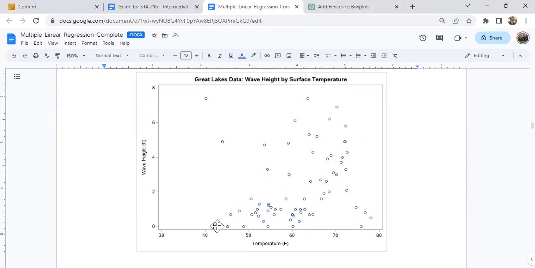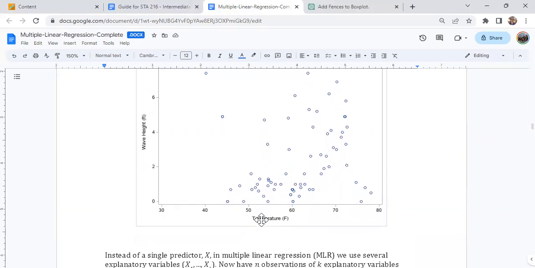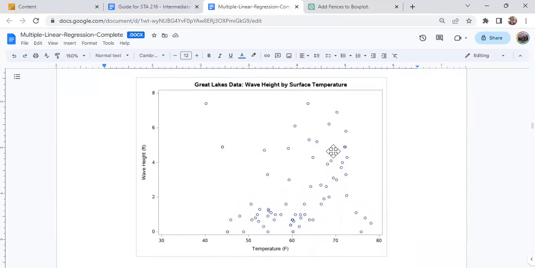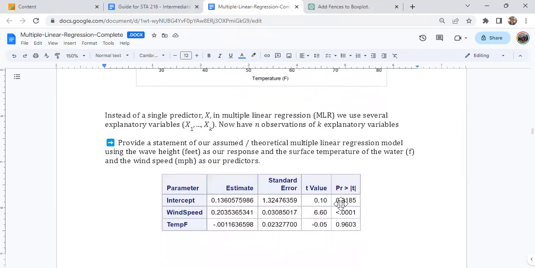The windier it is, the taller the waves are going to be, but temperature maybe not as much. It can be windy and cold, or wavy and cold, or wavy and warm. Not as clear. But this is where linear regression as a model helps us out, because we can just say, let's let the data tell us what's going on here, since it's not super clear from the scatter plot.